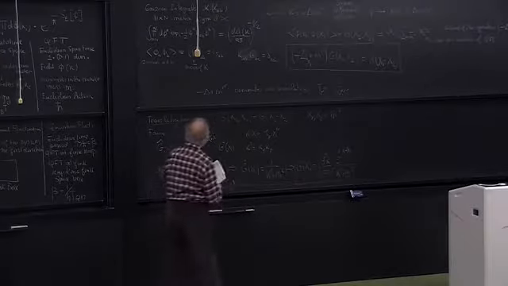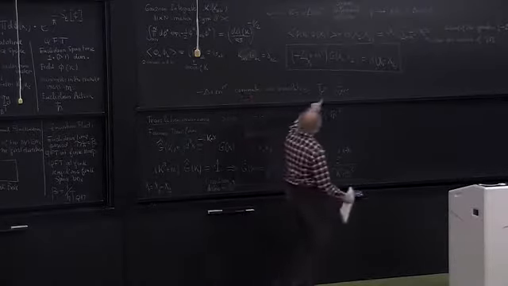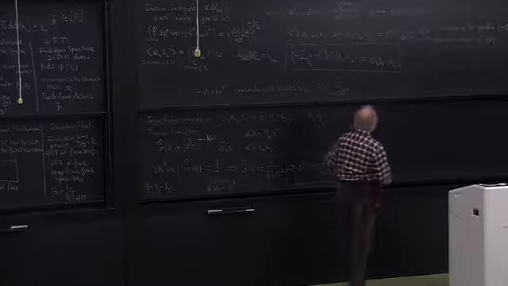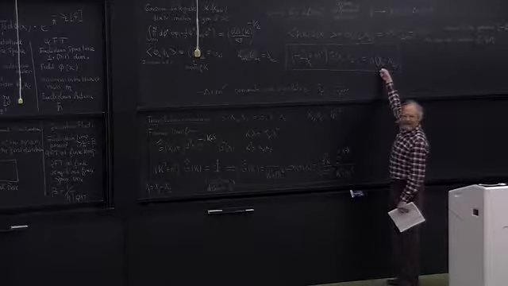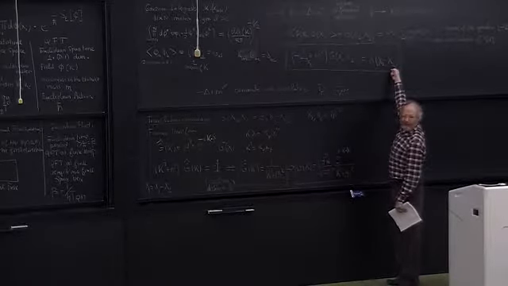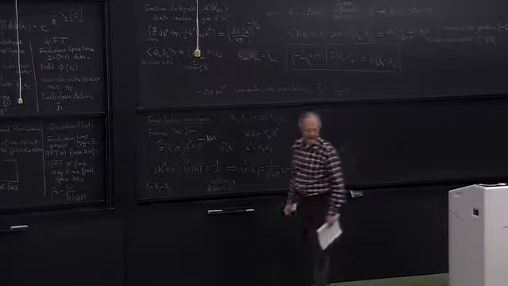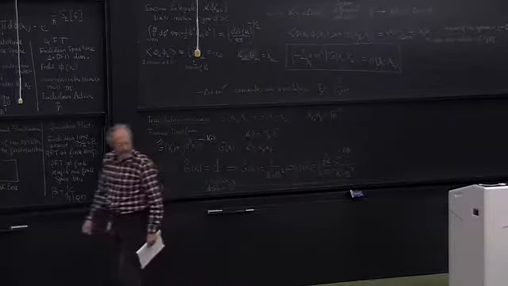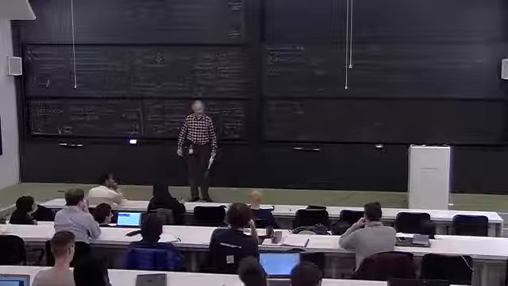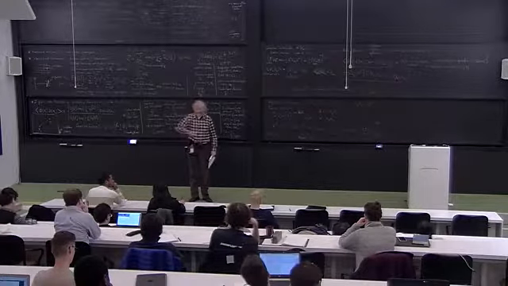So it's obvious that this operator commutes with this one. And the right-hand side is invariant under translation. So the solution has to be invariant. It's just a matter of symmetry.